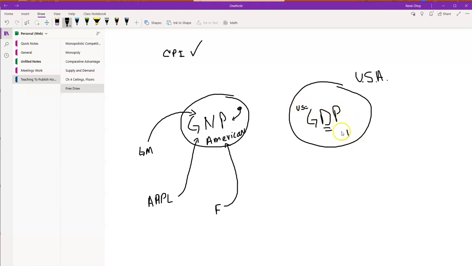So when Toyota makes cars in the US, it's counted towards US GDP. When BMW makes cars in the US, it's counted towards US GDP. Okay? So GDP counts production in the US, while GNP counts production by Americans.